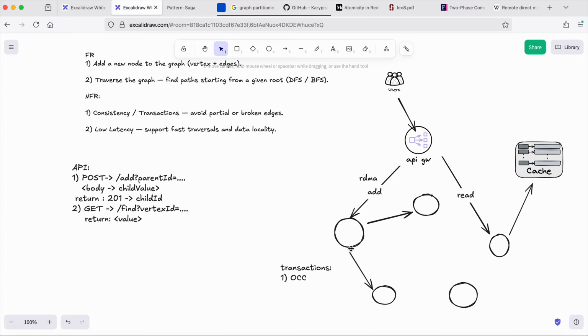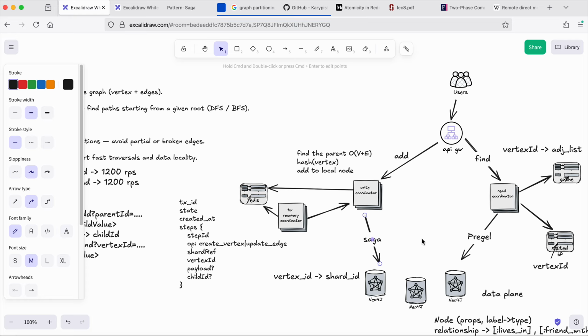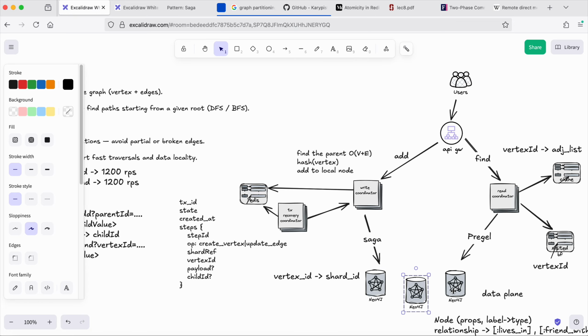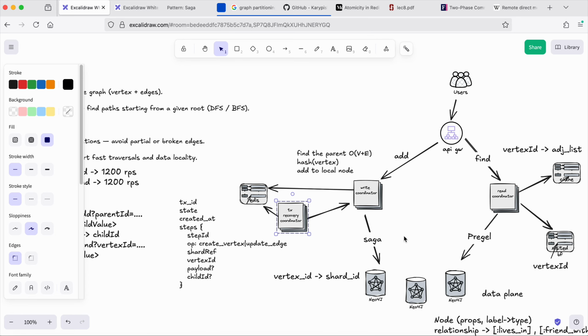About communication, in the first approach we are using TCP for connecting to Neo4j, and probably the connections between our coordinator and this transaction recovery coordinator will be based on some RPC.